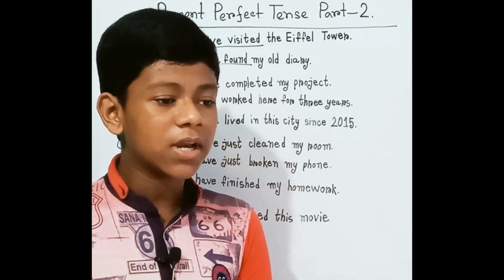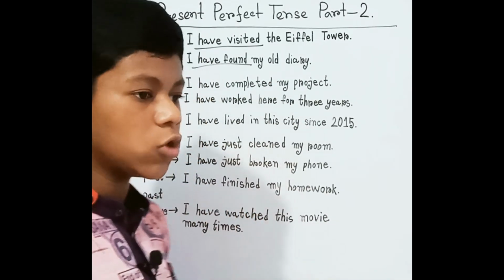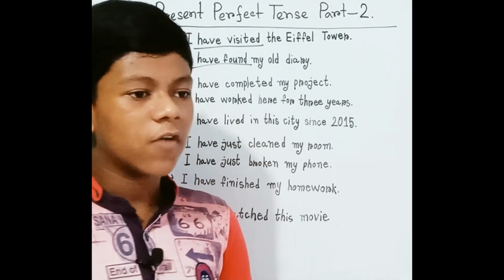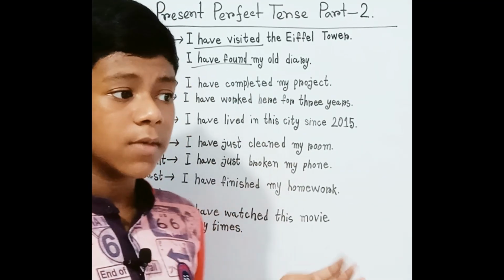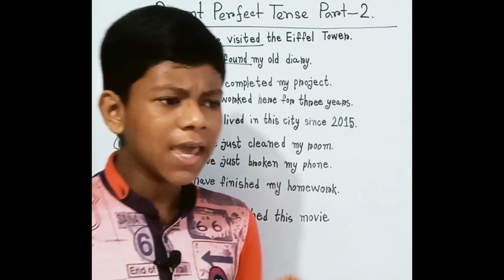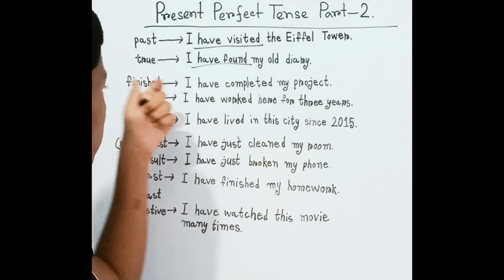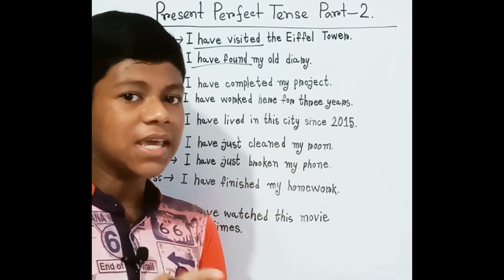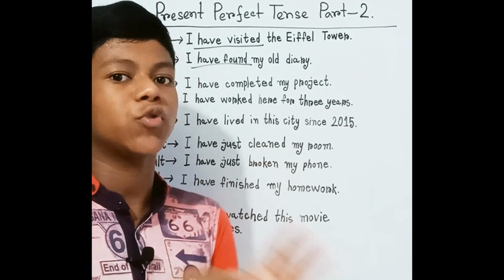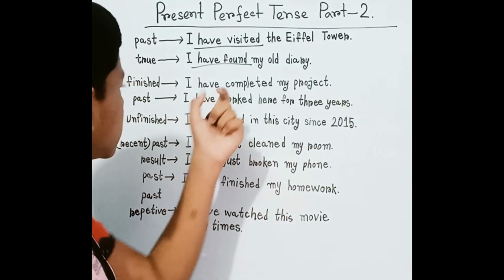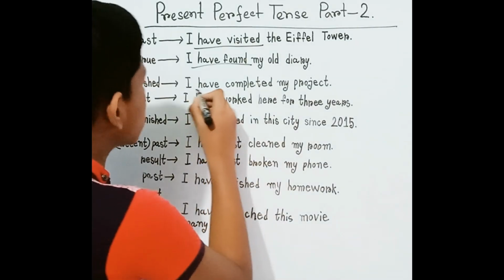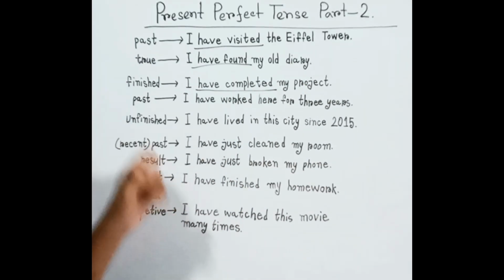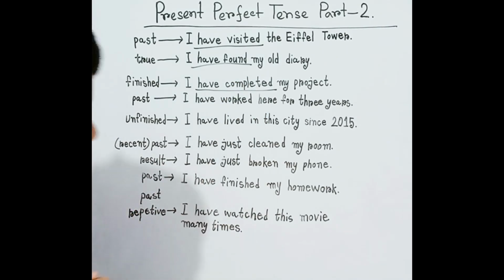If anyone tells you, you have to finish the project very soon, you can say to him, hey, I don't have to, because I have completed my project. Okay, which indicates the work is done. You don't have to do it. So in all this, we can use the present perfect. That is, I have completed my project. So this sentence is present perfect tense.